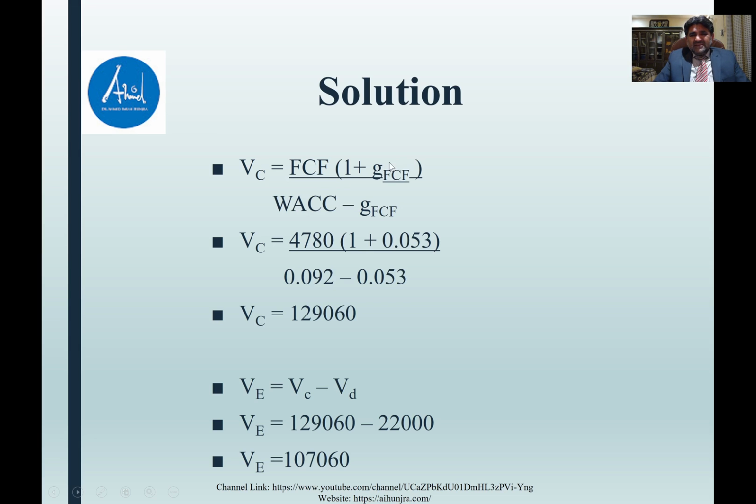Do we have the growth rate? Yes, we have calculated it. And the WACC, we have calculated. Free cash flow: which free cash flow will we consider? Obviously, we are going to calculate the market price per share, and the prices are present value.